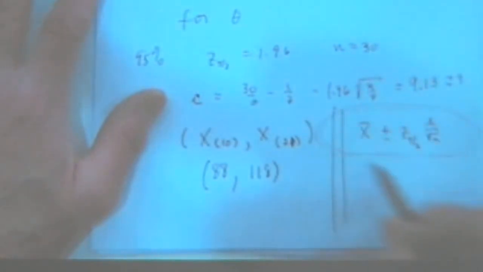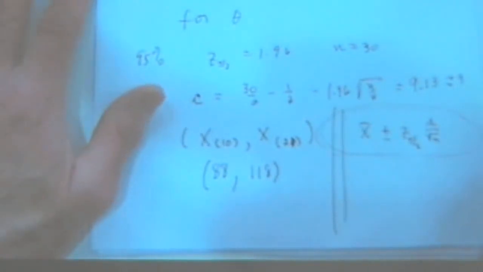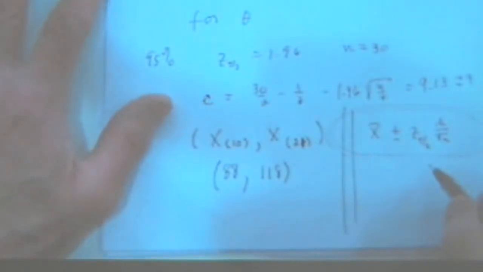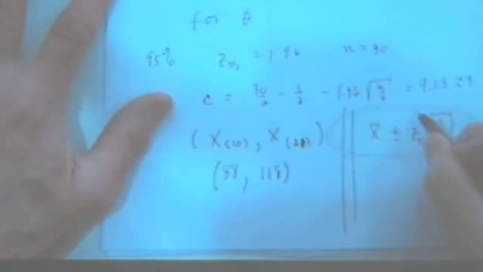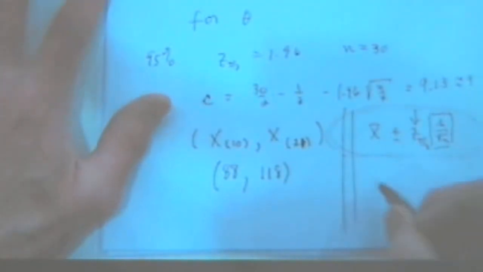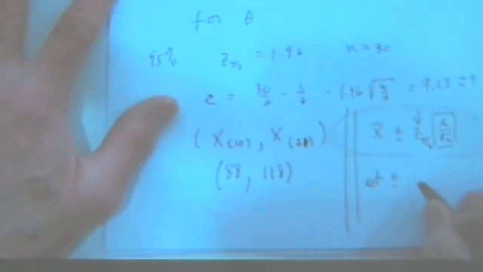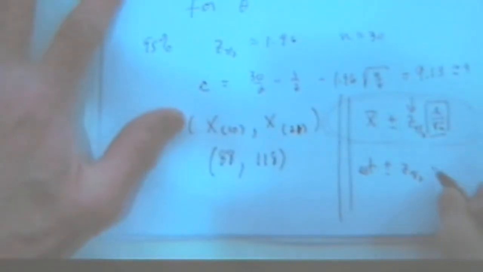Let's talk a little bit about this. We will talk about number 3 methods in this class, just for parameters. See, this is the standard error of the estimate, and this is the critical value. So the formula is an estimate plus or minus a critical value times the standard error of the estimate.